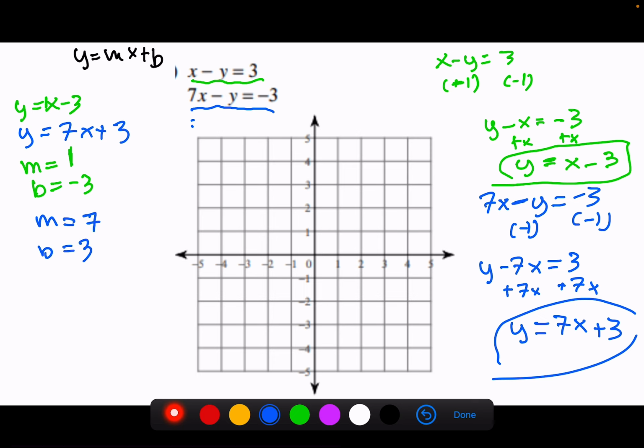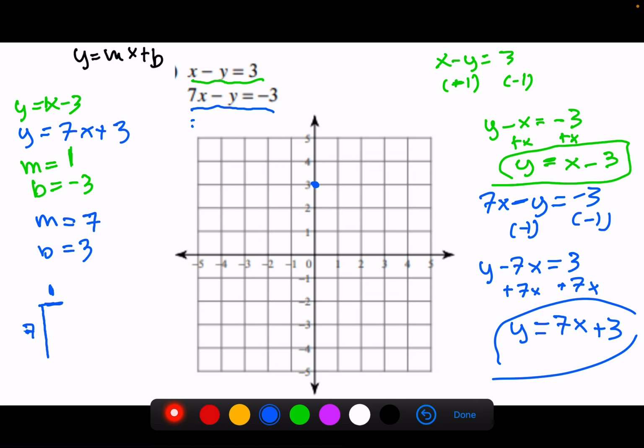So let's go ahead and sketch the blue graph first. So the y-intercept is 3, so that means that the line is going to intersect the y-axis at y equals 3. And now we know the slope is 7. So that means that we're going to go up by 7 and right by 1.